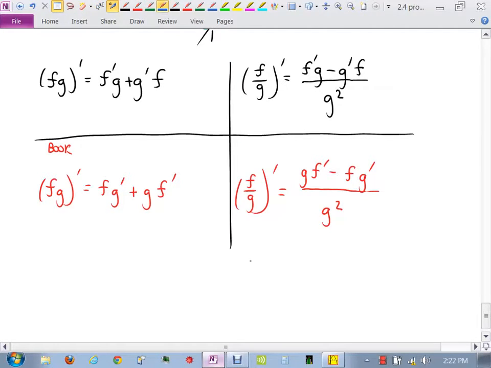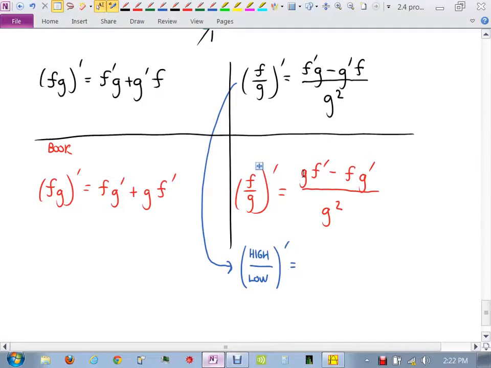Anyone who's maybe taken Cal 1 before, or seen it before, if you call this the high function and you call this the low function, like in a numerator is the high one, the denominator is the low one, then the quotient rule becomes, let's do it with the red though.